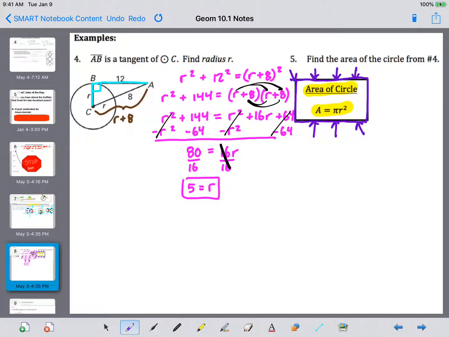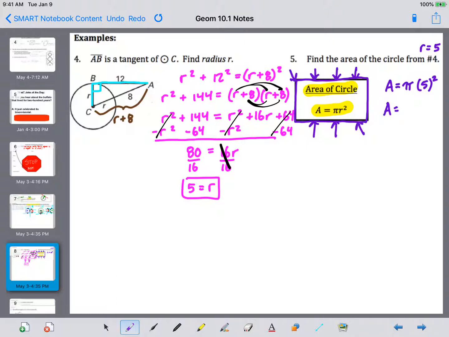All right, so let's set that up. We now know our radius from this circle in number 4 is 5. So we're going to plug in area equals pi times 5 squared. And if you have a calculator handy, you can just plug it right into the calculator like that.